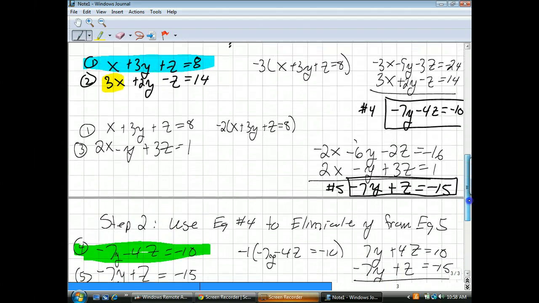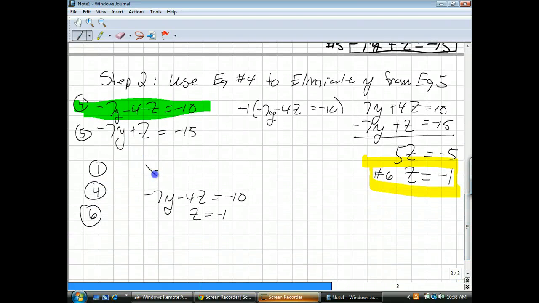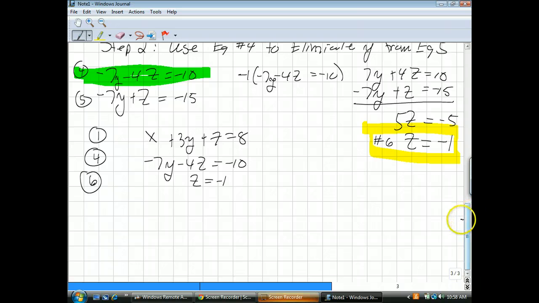And equation 1 was x plus 3y plus z equals 8. Now we have the system in triangular form, and now we can find our ordered triple. So use this here. We get negative 7y minus 4 times negative 1 equals negative 10.